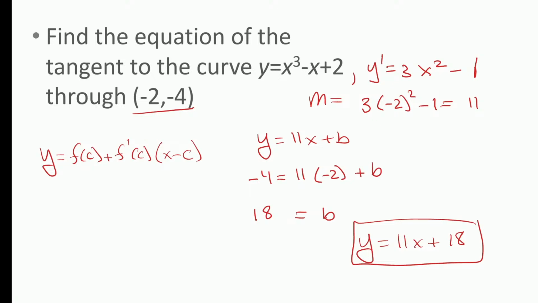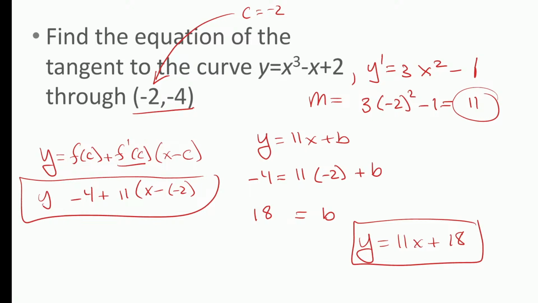And in this case, c is negative 2. So we have f of c, that's negative 4, plus f prime of c, that's 11, times x minus negative 2. That's it. Put a y there.